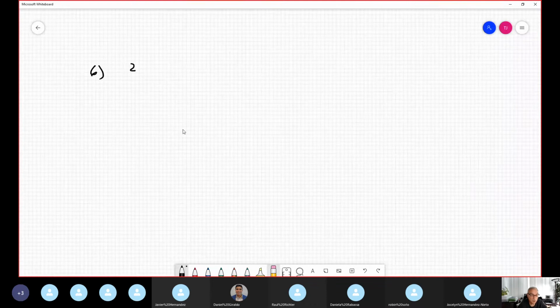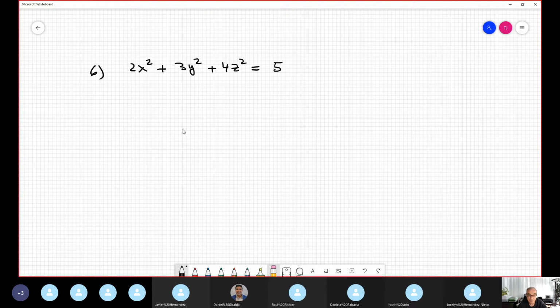It's 2x squared plus 3y squared and plus 4z squared is equal to 5xyz. And they want you to find the partial of z with respect to x, and the partial of z with respect to y. They want.